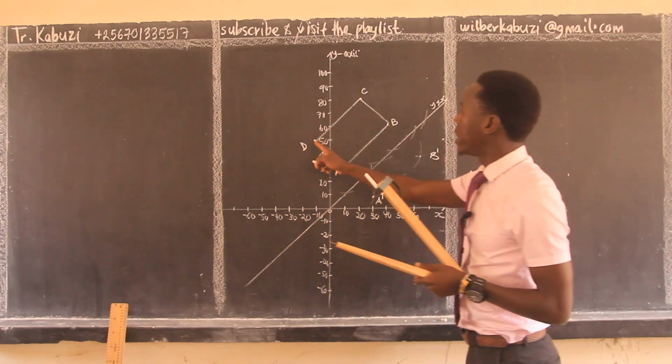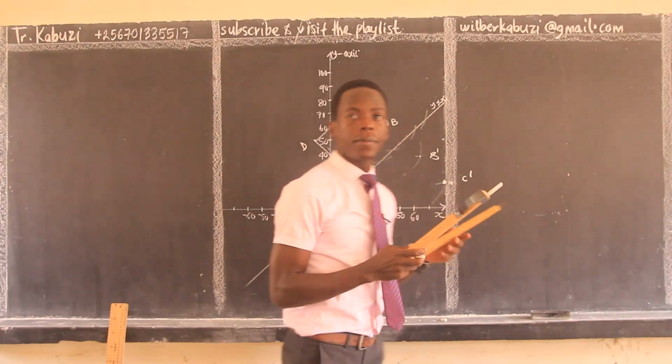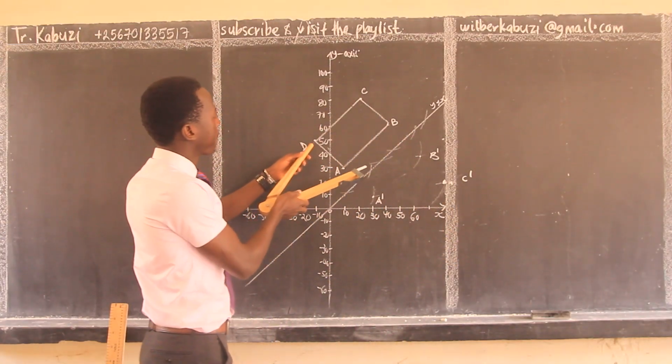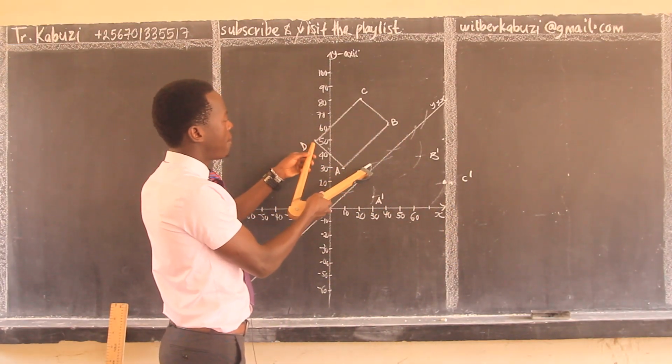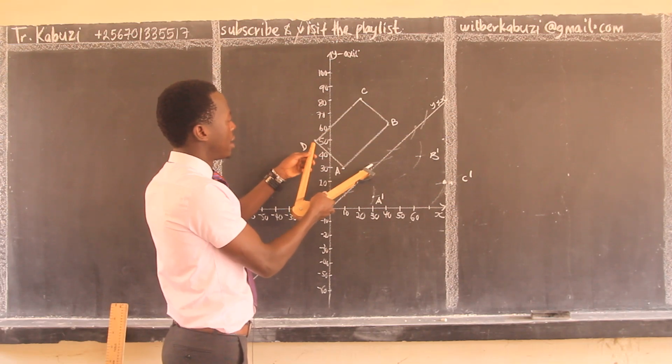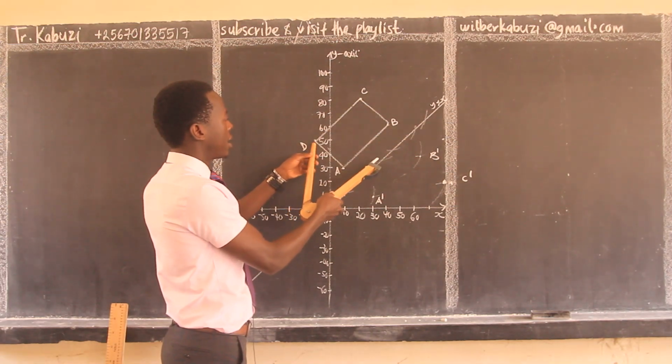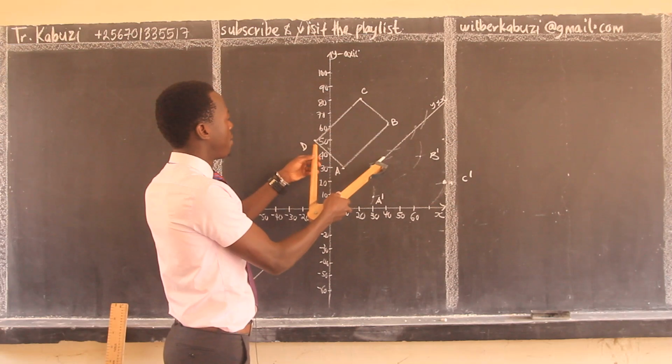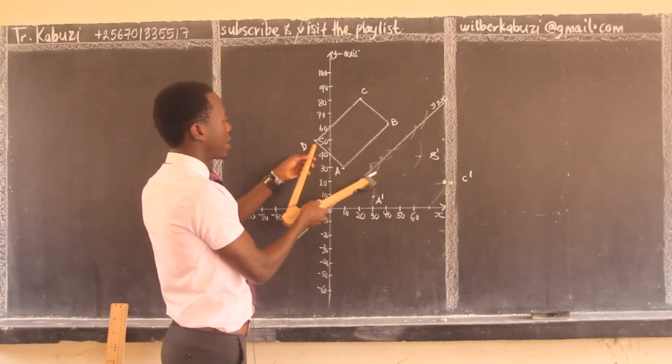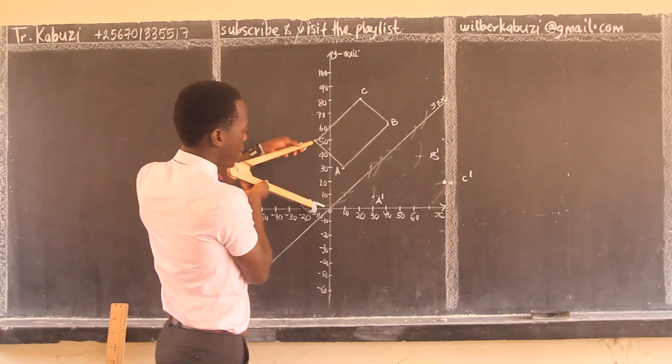When I come to my point D, the same idea. You put here, you drop an arc for D, drop an arc there, then come here and drop your arc there.